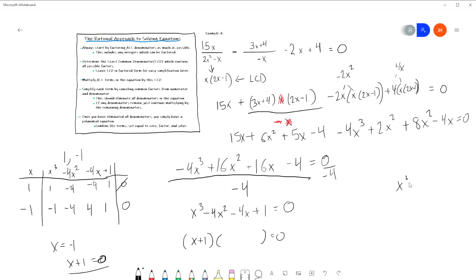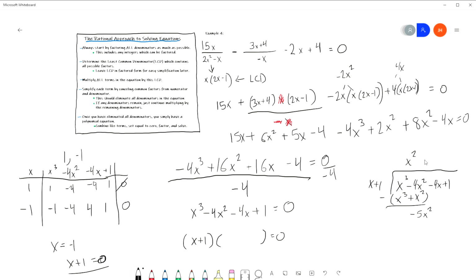What is this something? We've got to do polynomial long division to find that. We've got x cubed minus 4x squared minus 4x plus 1, and dividing out x plus 1. That's going to be x squared. Remember to subtract it. -4 minus 1 is minus 5x squared.